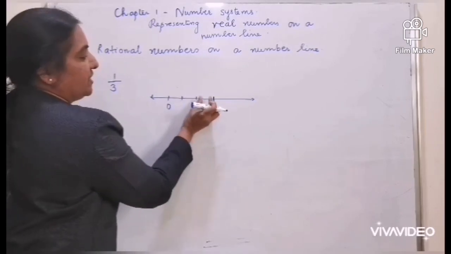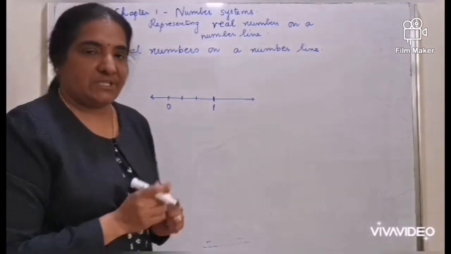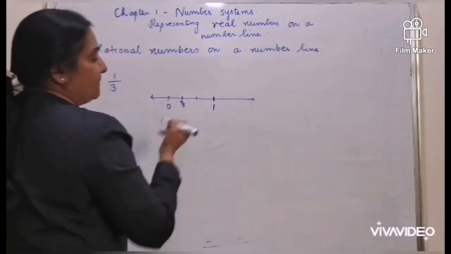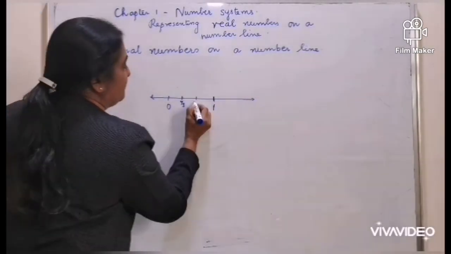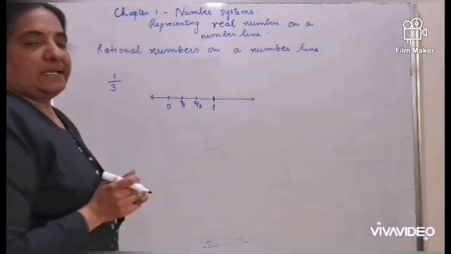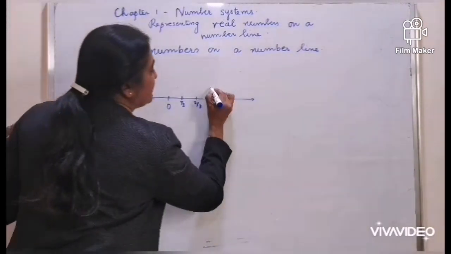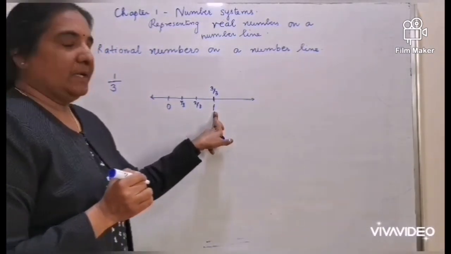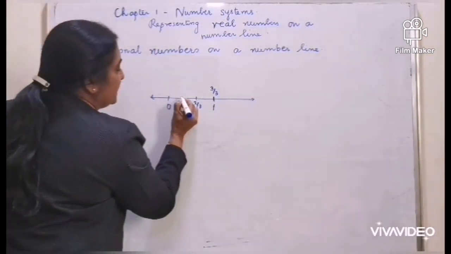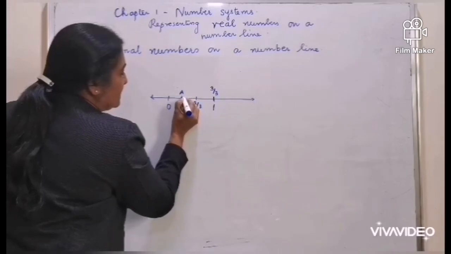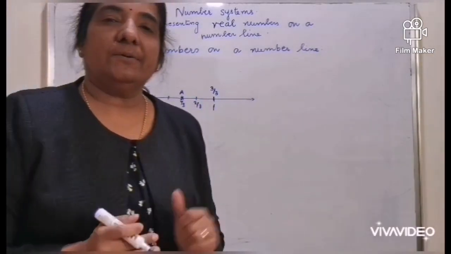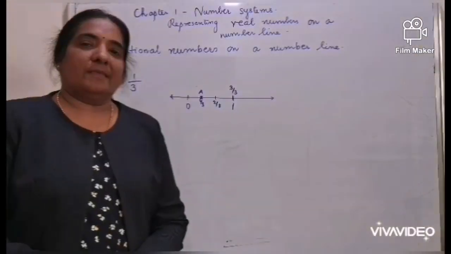You have to get 3 equal parts, by which the first point represents 1 by 3, the second point represents 2 by 3, and the third point represents 3 by 3 or 1. Thus, the point A represents 1 by 3 in this particular number line.